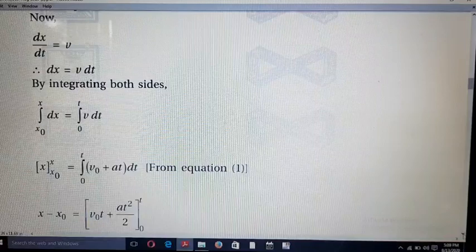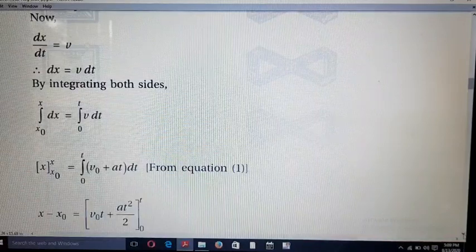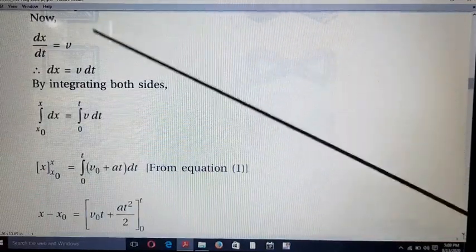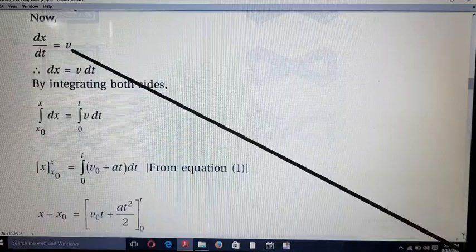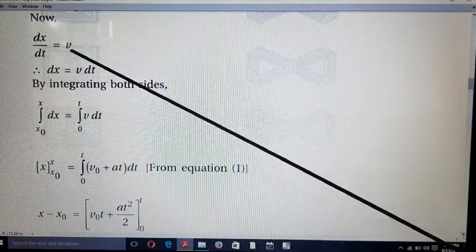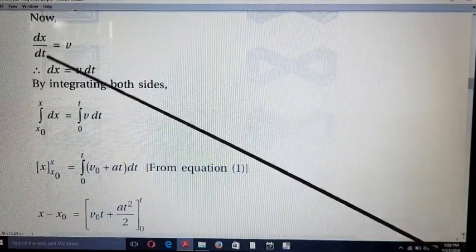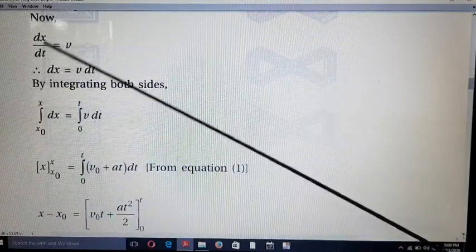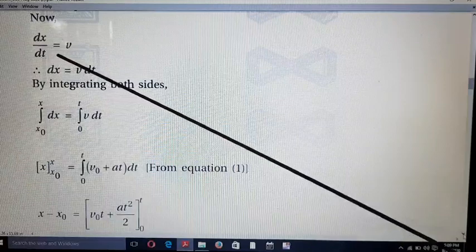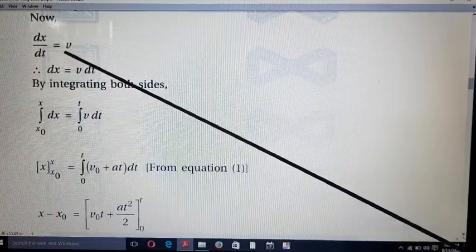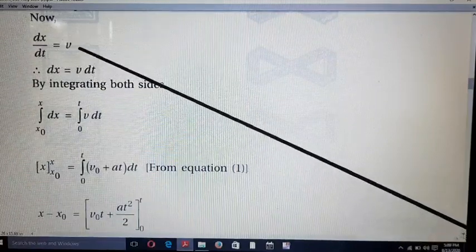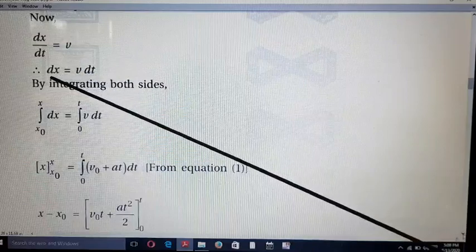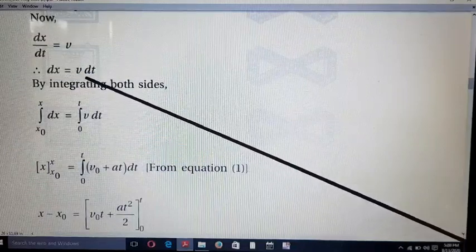Look here. According to the definition of velocity, velocity is change in displacement upon time. Means dx is the displacement and dt is time. So dx upon dt is equal to v. This dt moves to the right-hand side, so we can write dx is equal to v dt.